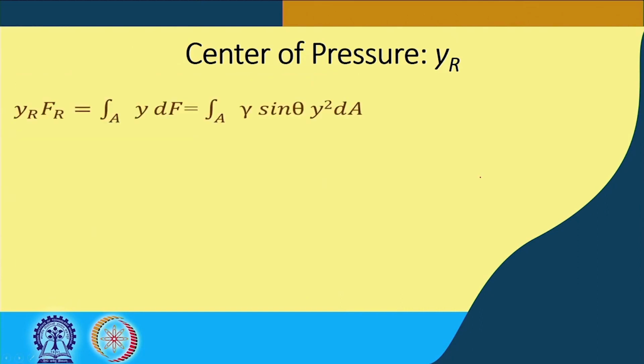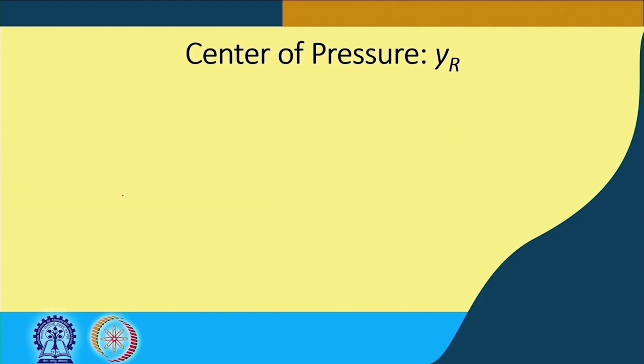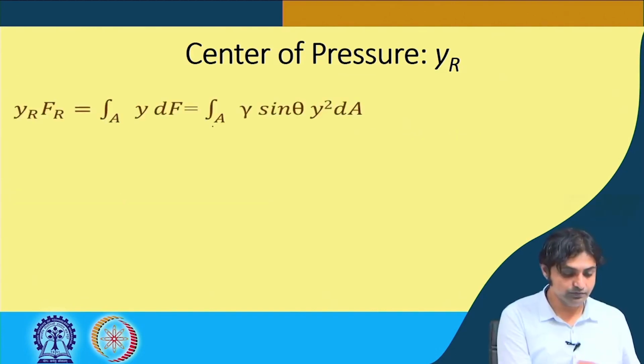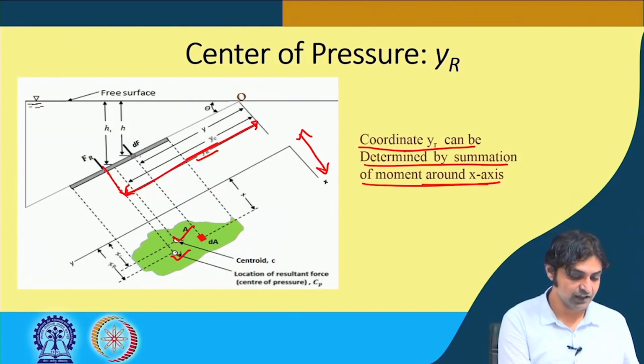So, the way we do it, YR into FR. This will be equal to integral y dF, right. So, what is y dF? This is dF and this is y.